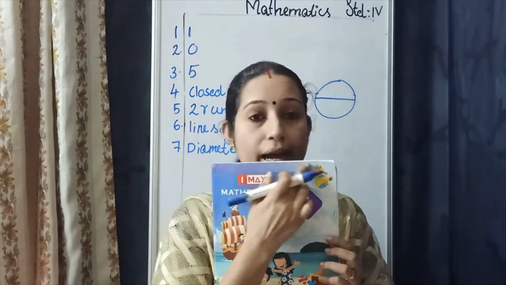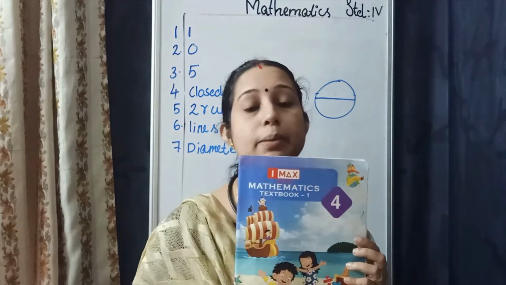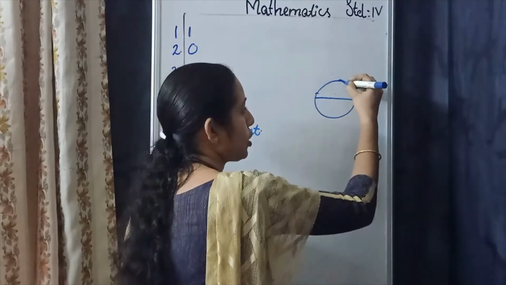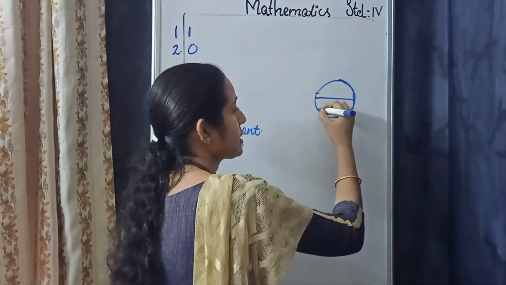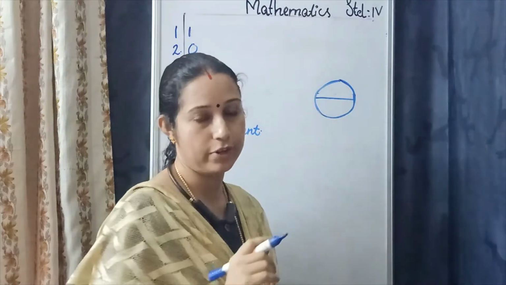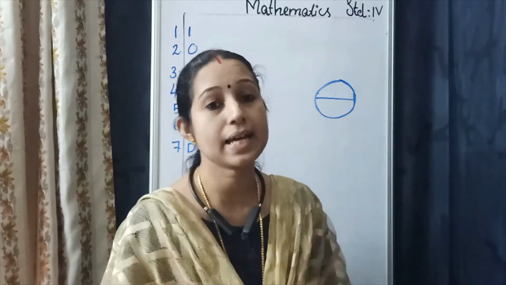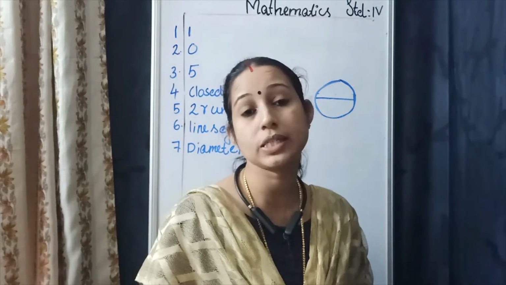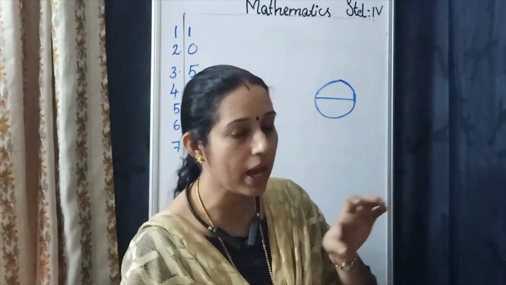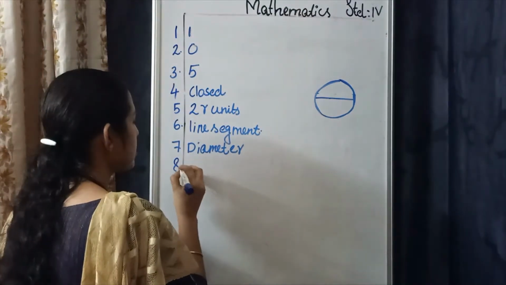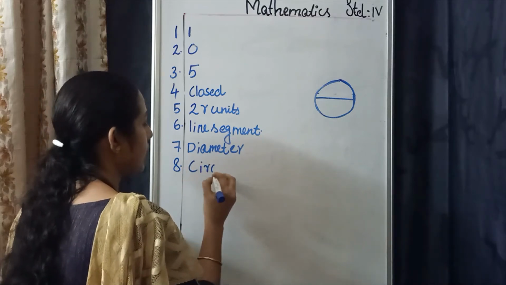In a circle, the total length of the circle is called the circumference. So the perimeter of a circle is called its circumference.